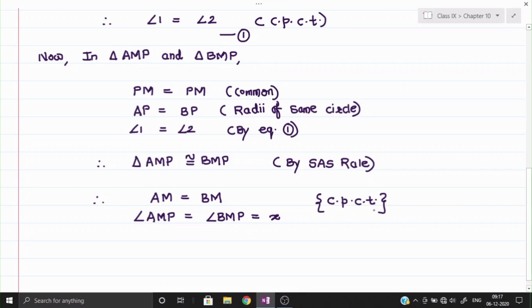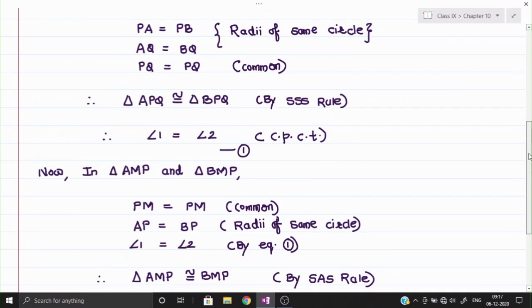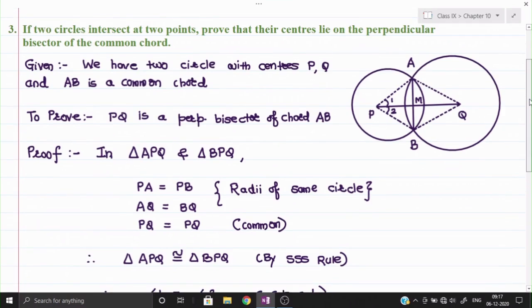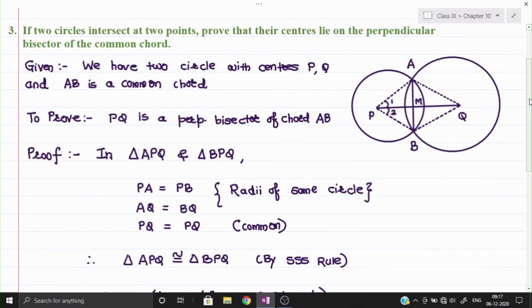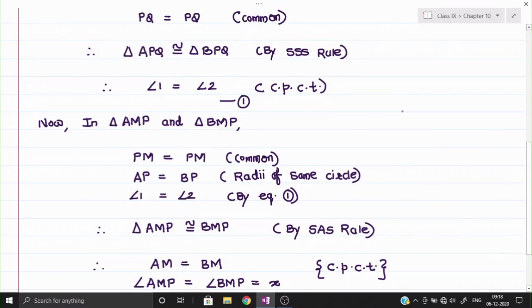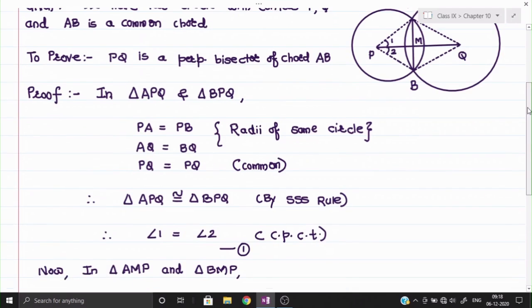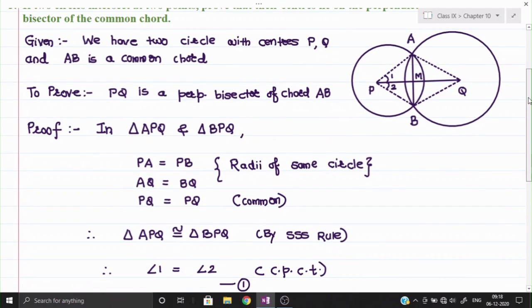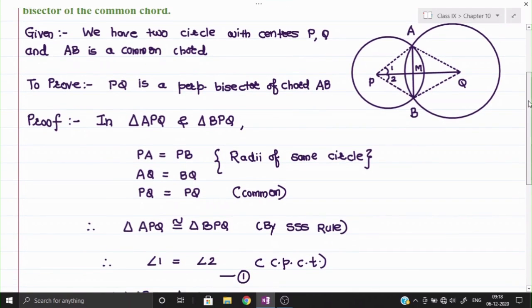Now see, these two angles we got equal, but if you check carefully, these two angles are adjoining each other, angle AMP and angle BMP. So observe, if you join both the angles, they will form a semicircle. Means these two angles are a linear pair of angles.